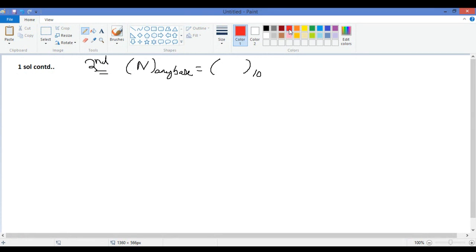So let us take the above examples. Okay, I think we have taken A25, correct? Just now we solved it, A25, and also we have taken 99 in base 16. So let us see that. Let us take the two examples.